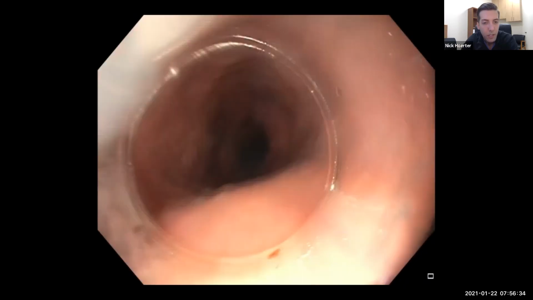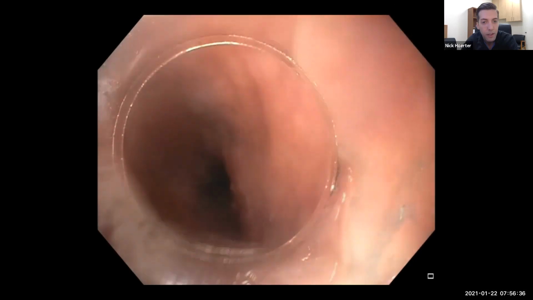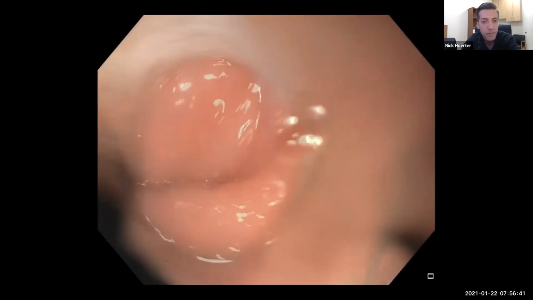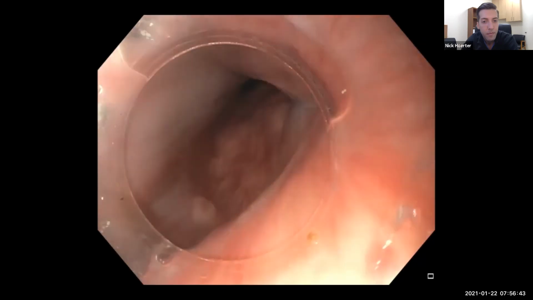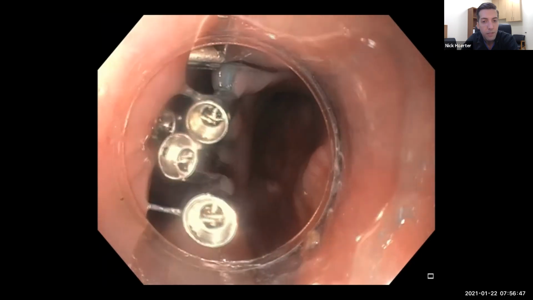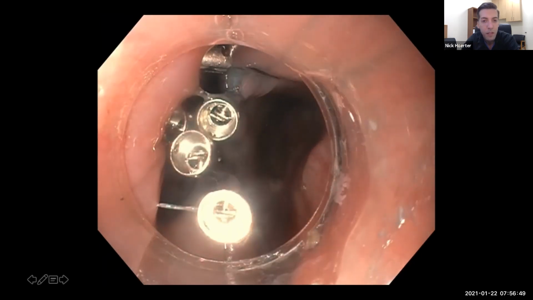And just a final check that there's no mucosal trauma here. The esophageal lumen's still open. And that's the clip closure there. And that is it.